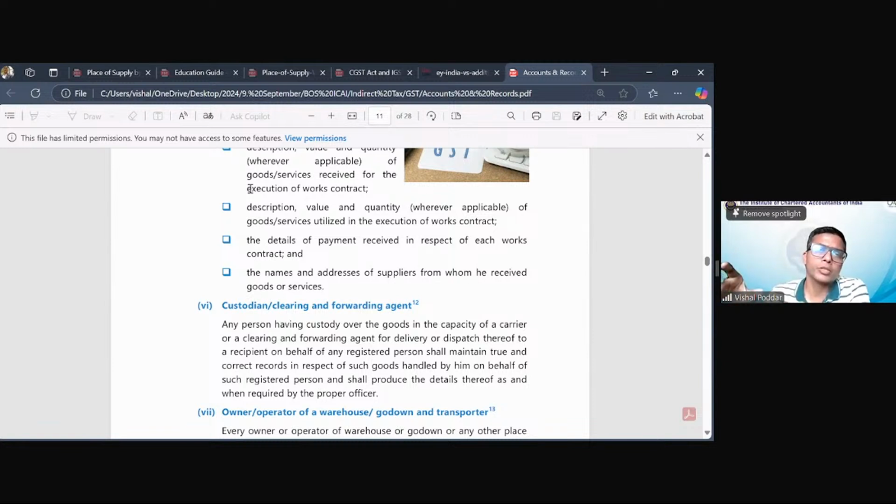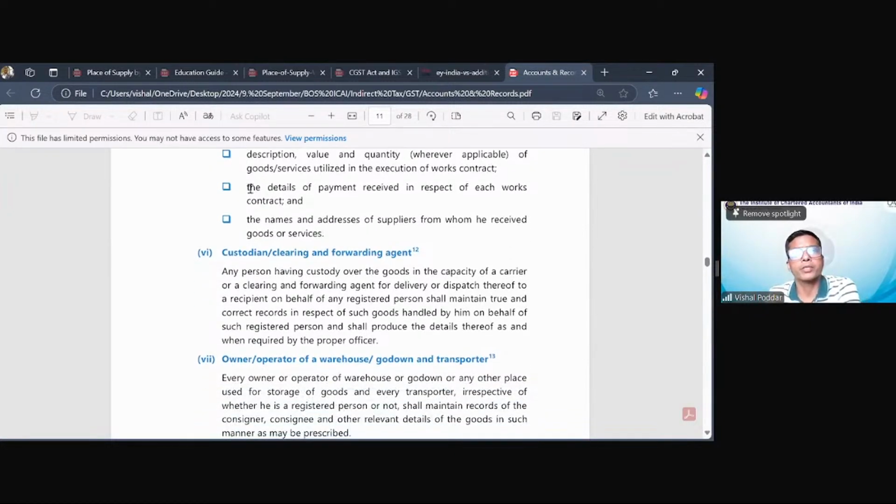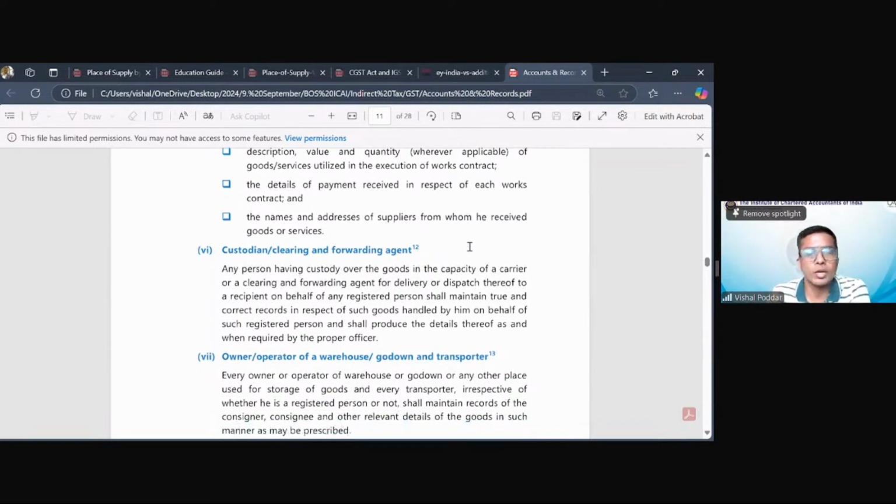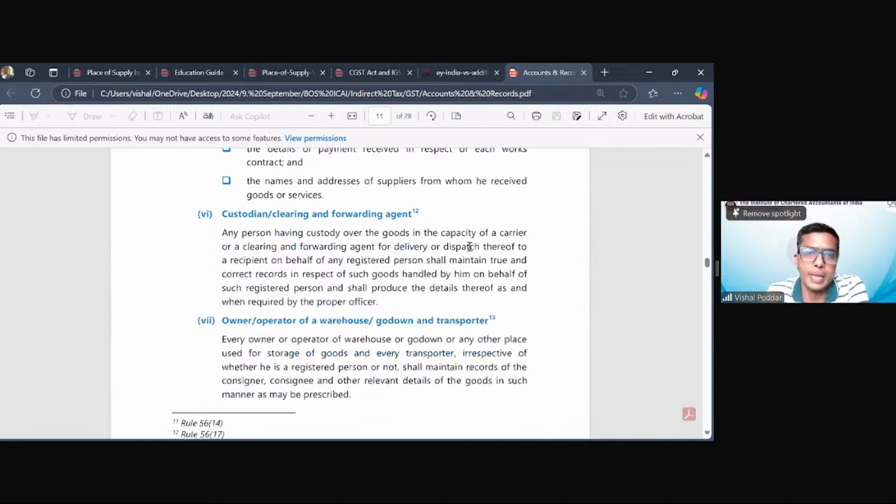If there is a big variation, then an inquiry can be done to see whether you have inflated the purchase to get higher benefit of ITC and benefit in income tax, or have you suppressed your sales? That is the purpose. Details of payment received in respect of each works contract and the names and addresses of suppliers from whom you are getting your inward supplies.